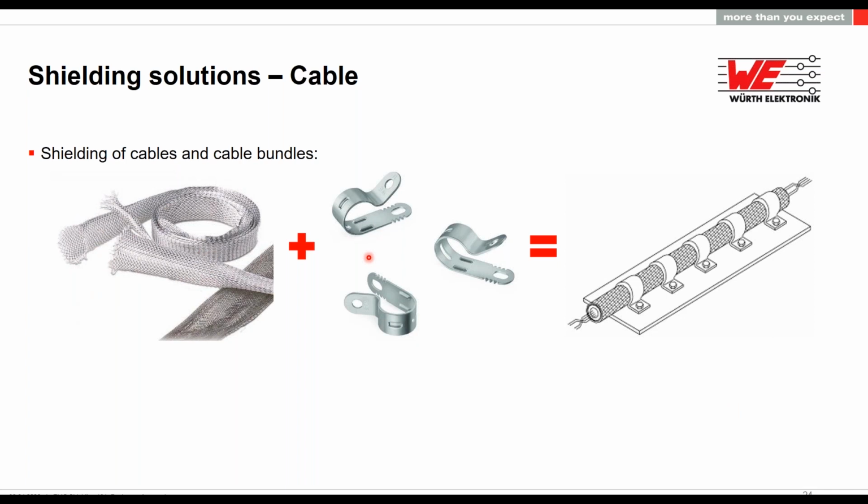What does this mean? For example, the using of this kind of clips ensures a 360-degree connection to the ground. That is normally where this shielding of the cable is connected. It's not necessary to use 6 of them like in this picture, 5 of them like in this picture. With one of them is enough.